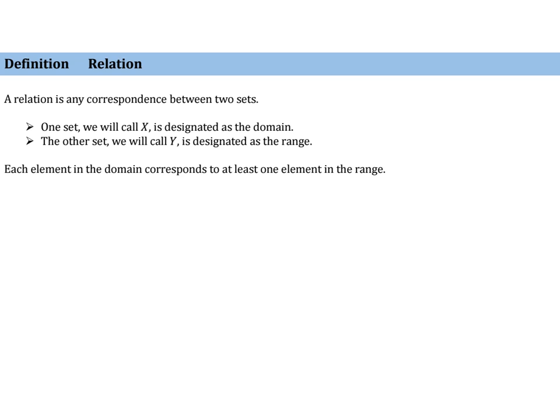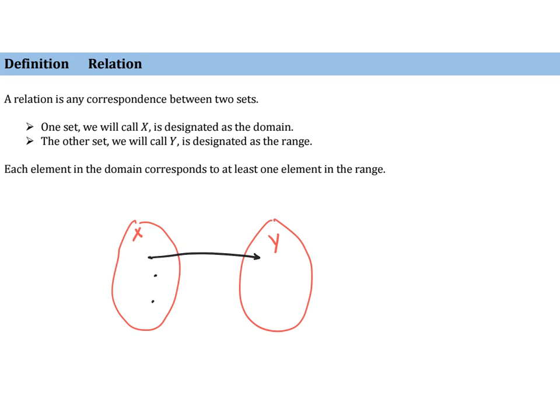So what does this look like? Imagine that we have a set of values we'll call the domain, and then we have another set of values called the range, and we have values in the domain that are assigned to values in the range.